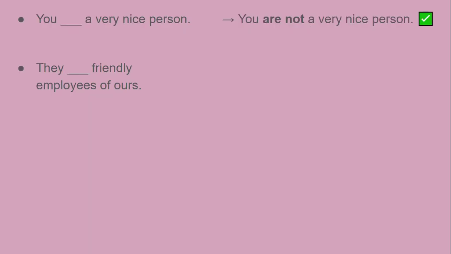So it has to be negative since we are talking about the negative sentences. We said we need to change these sentences into the negative verb sentences in the simple present tense. So the correct sentence then is, they are not friendly employees of ours.